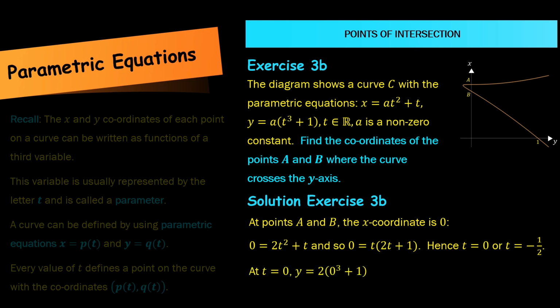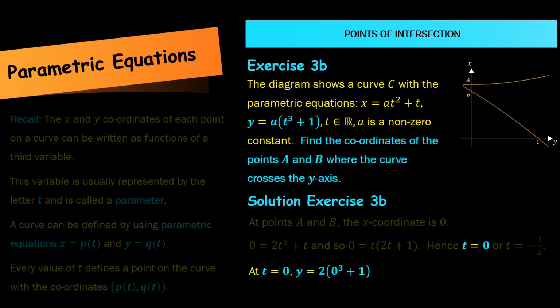Now at t equals 0, if we plug this in to the equation for y equals 2 times t cubed plus 1, we obtain y equals 2 times 0 cubed plus 1, which is equal to 1.